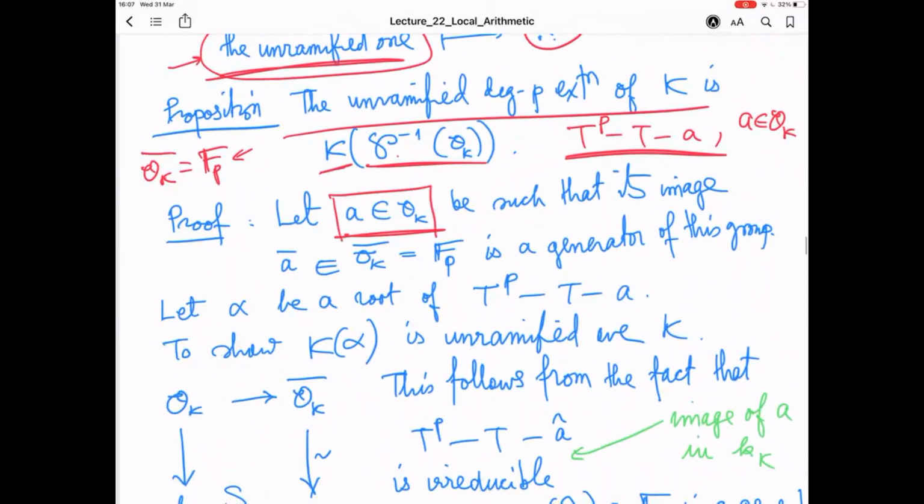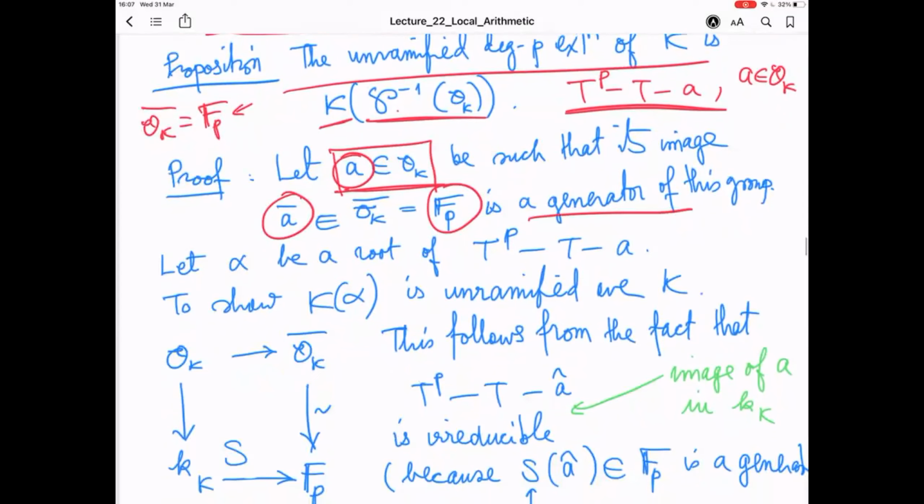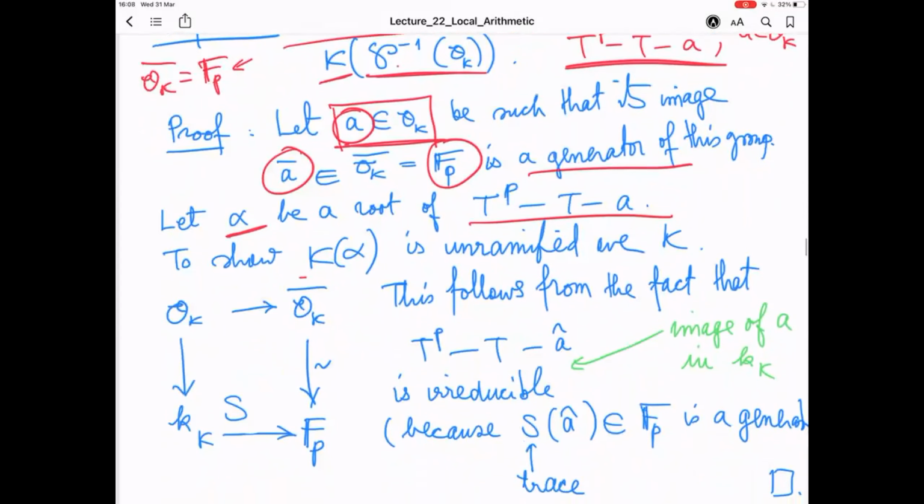So if a has the image a bar, which generates F_p, then we just need to adjoin the roots of t^p - t - a. So let alpha be such a root, and then k(alpha) is the unramified extension. What we have to show is that k(alpha) is the unramified extension of k of degree p.